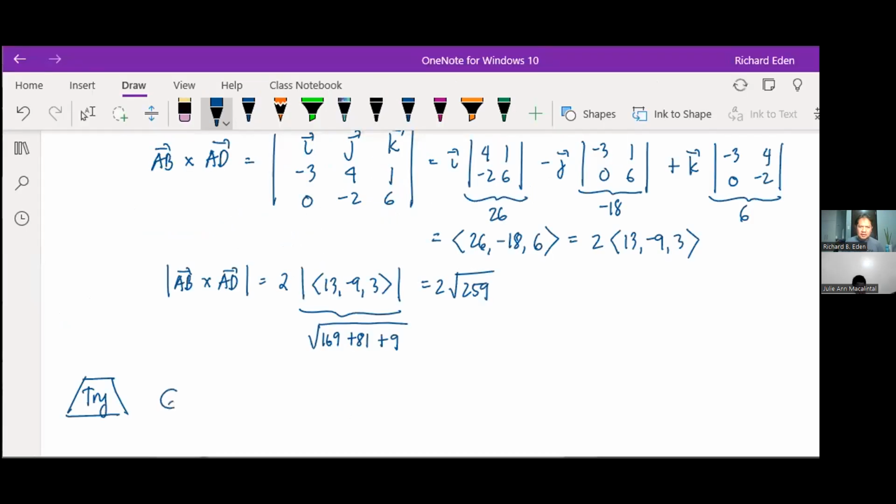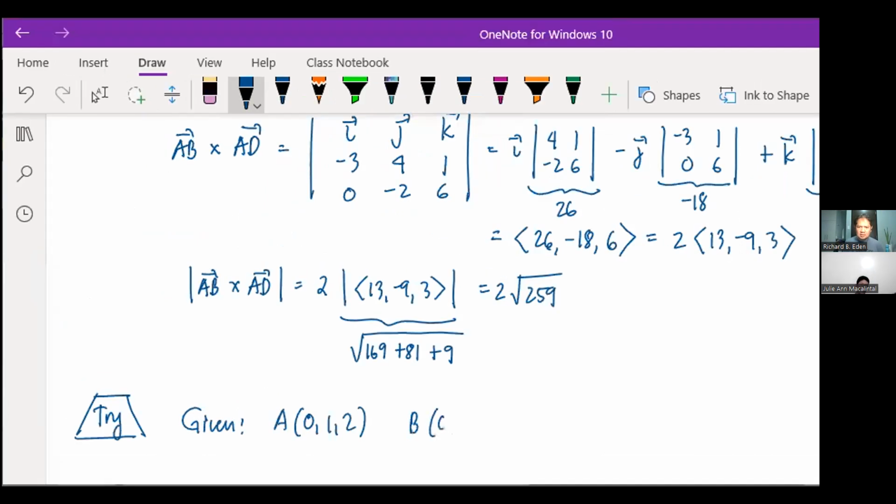So we're given 4 points: A is 0, 1, 2, and B is 0, 2, 5, then C is 2, 1, 6, and D is 4, -1, 4.